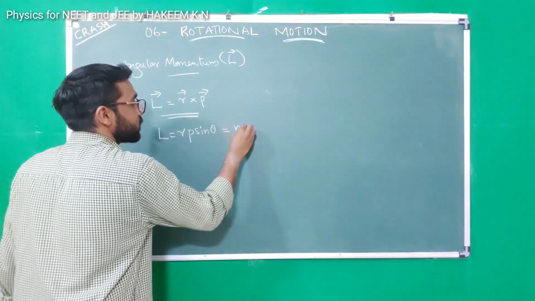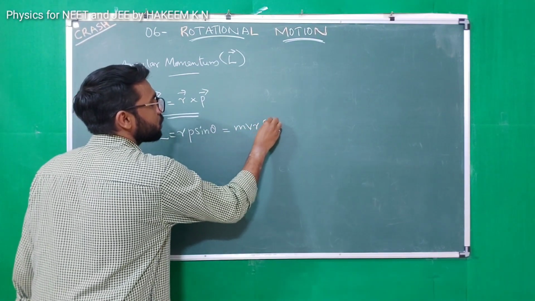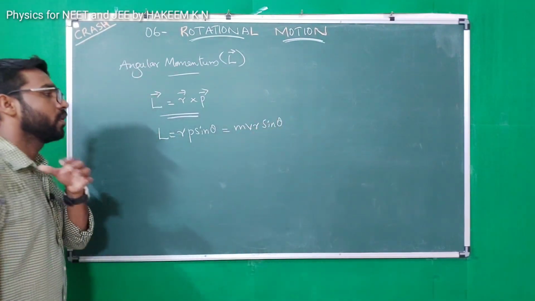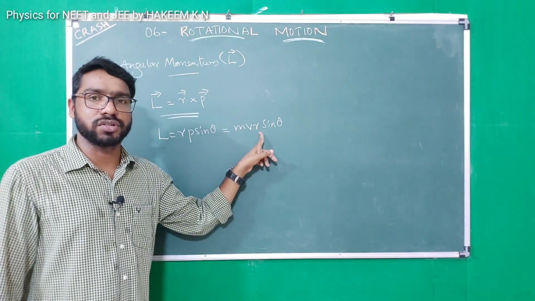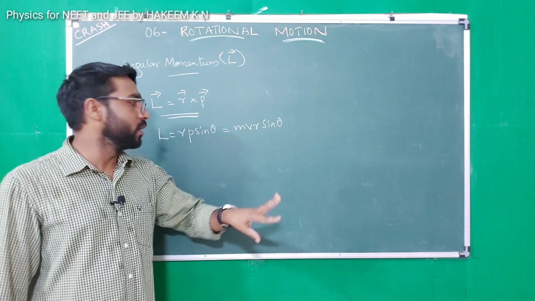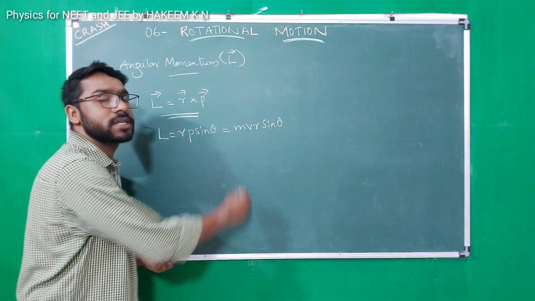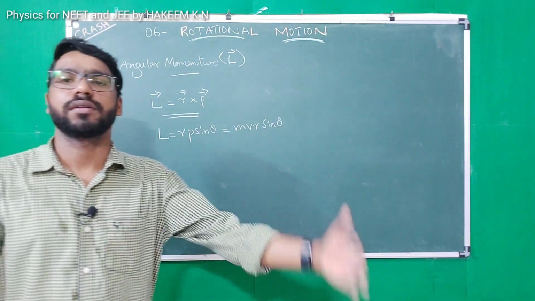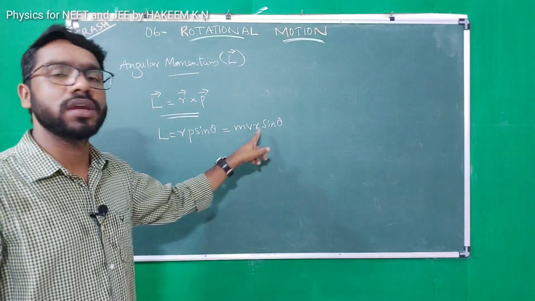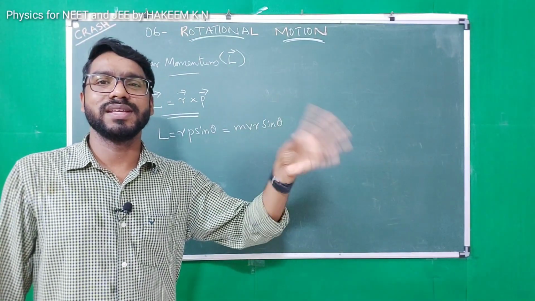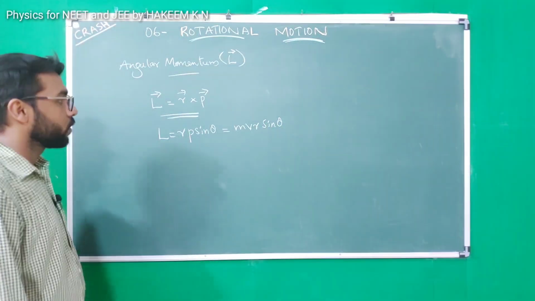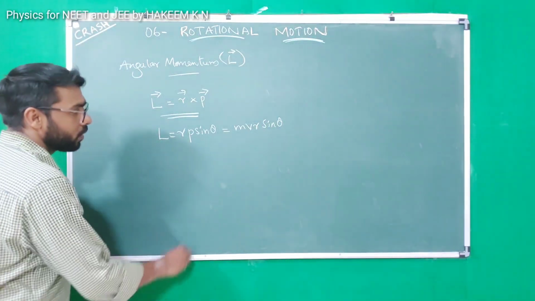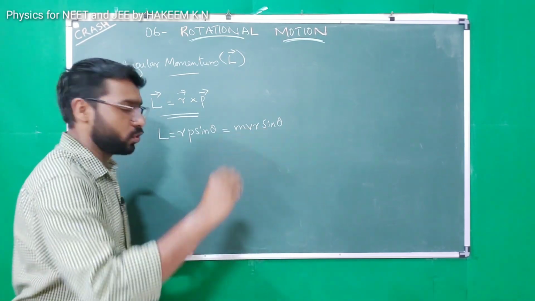P is momentum, mass into velocity, so m v r sin theta. If the angle between velocity and radius vector is 90 degrees, then angular momentum is simply m v r. R is the perpendicular distance of the body from the axis of rotation.